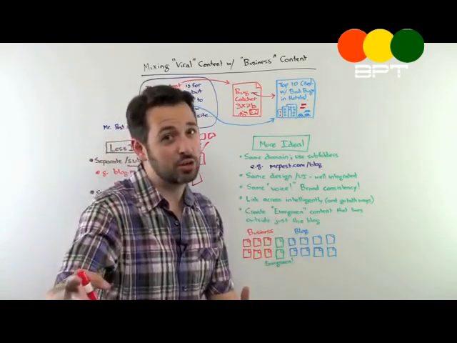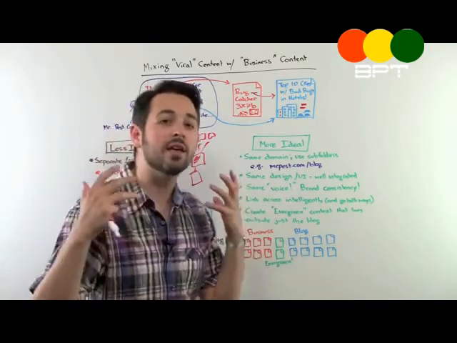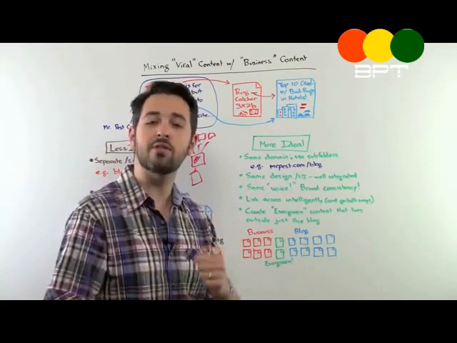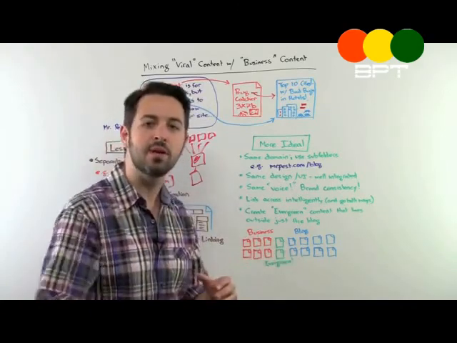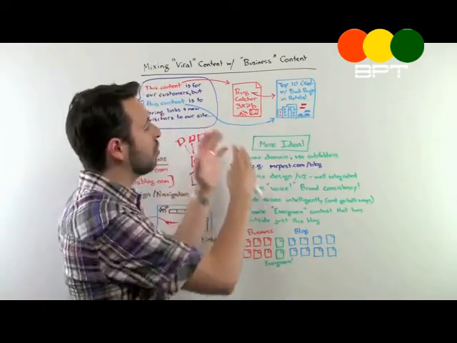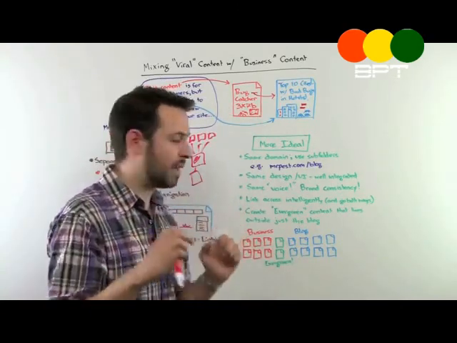Building that trust with your audience, my God, it's so much more effective at selling whatever you're trying to sell, or capturing the email address, or improving the browse rate, getting people to look at more pages. Whatever your goal is, that consistency is going to make a big, big difference.